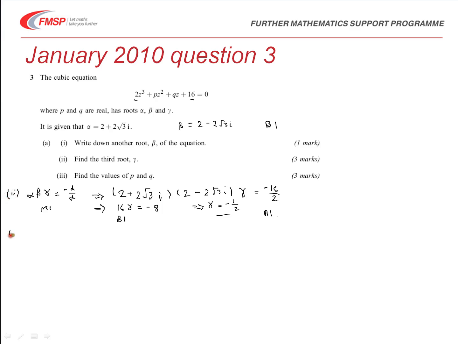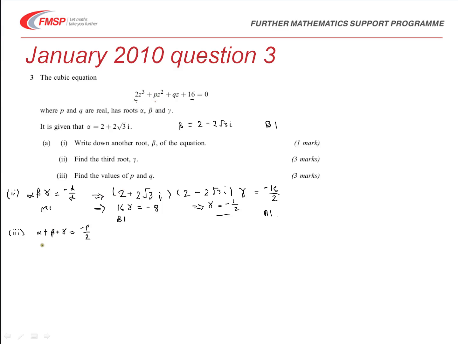Part 3, we've then got to find the values of P and Q. Well, we know that the sum of the roots, alpha plus beta plus gamma, must equal minus b over a, so that becomes minus p over 2, because that's my value b and that's my value a.